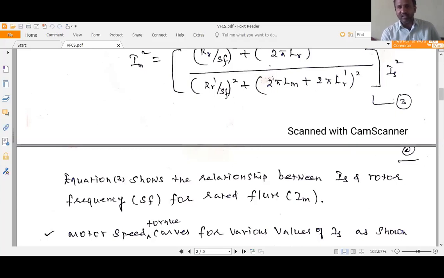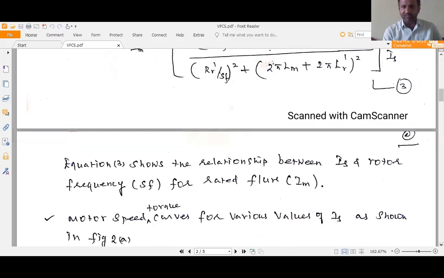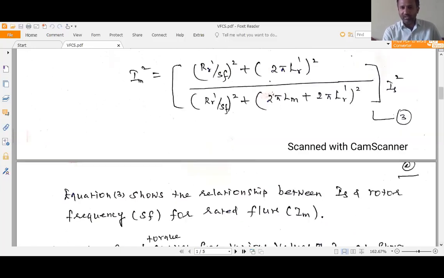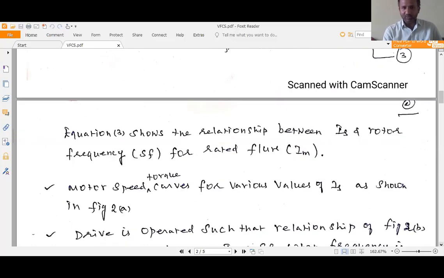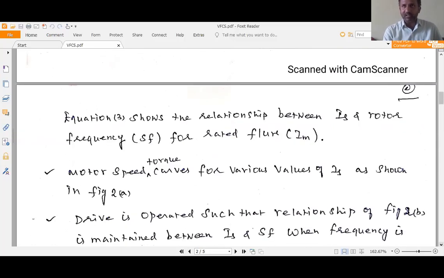So we have derived the value of this Im here. By varying this current and this frequency, we can control the speed of the induction motor. That's why this is called a variable frequency current source inverter.